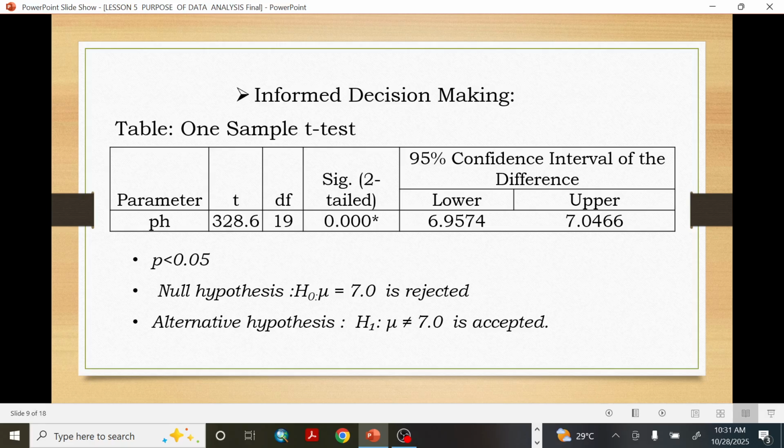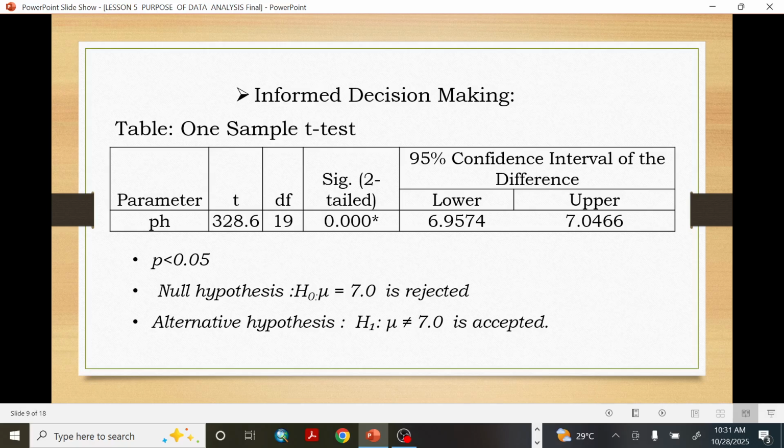So now when you look at the resulting significance level, it is 0.00, which is less than 0.025. In this case, we're going to reject the null hypothesis, and we accept the alternative hypothesis that the imposed pH actually does not meet the legislation requirement because it is not 7.